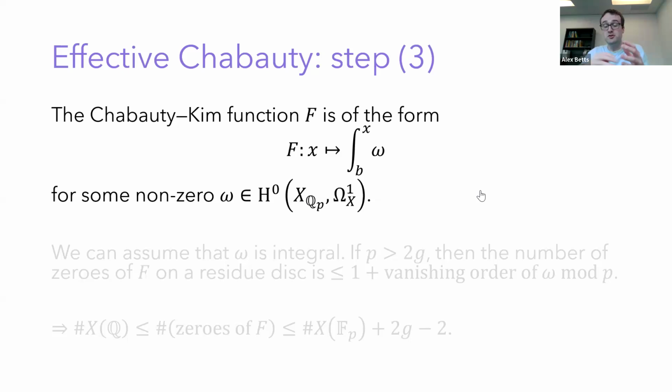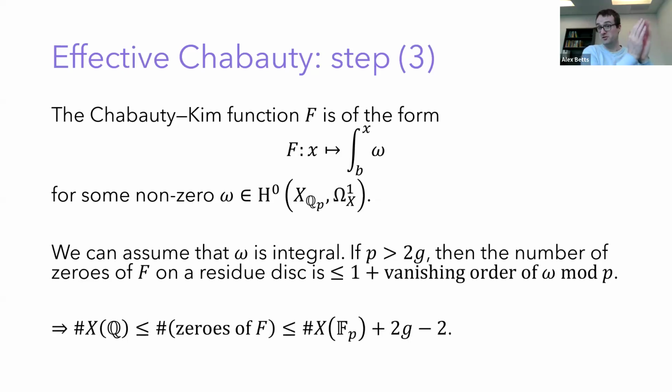First of all, you can rescale. We assume that our prime p is of good reduction in Coleman's setting, so we can assume that the one-form we've chosen is integral. We can rescale it so that it reduces onto the special fiber, and that its reduction is non-zero.